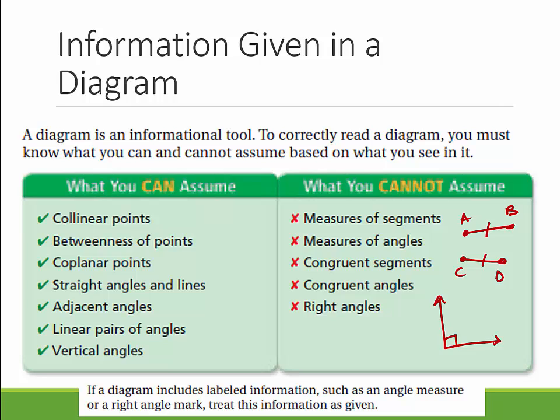Congruent segments, congruent angles, right angles is huge. So if a diagram includes labeled information, such as an angle measure or a right angle mark like this, then you can treat that information like you were given it. So if you have something like this and it tells you it's 30 degrees, you know that's 30 degrees.